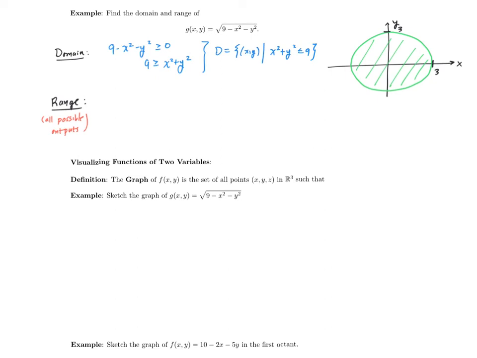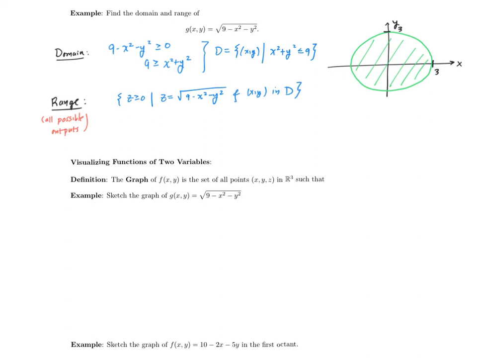If we were to begin writing this in set builder notation, which you don't have to, but it may help, our outputs are all going to be positive numbers that are of the form the square root of 9 minus x squared minus y squared with xy in the domain.